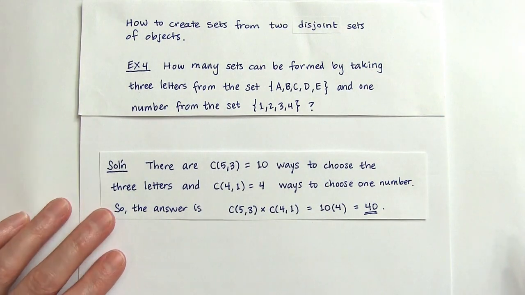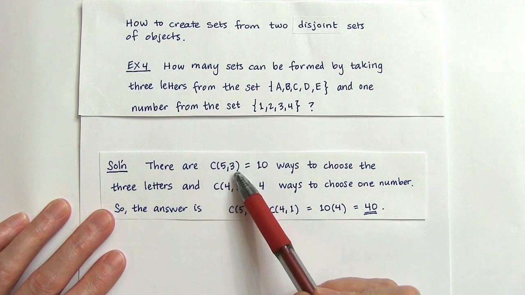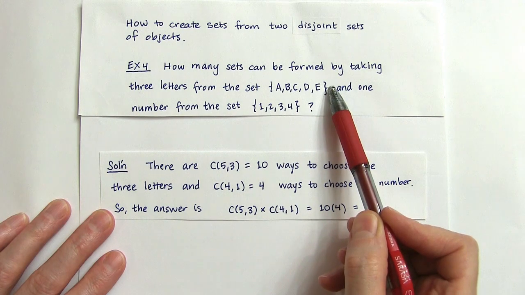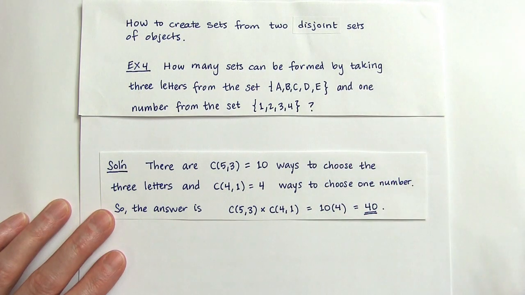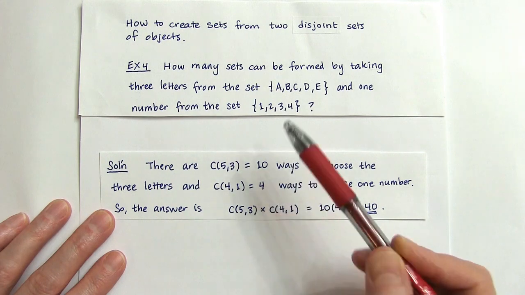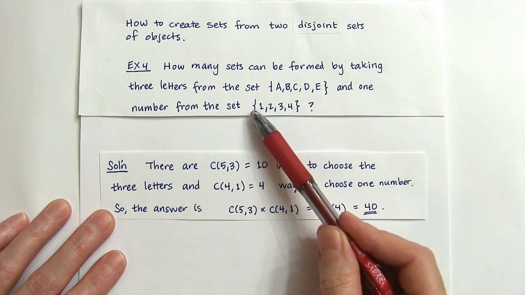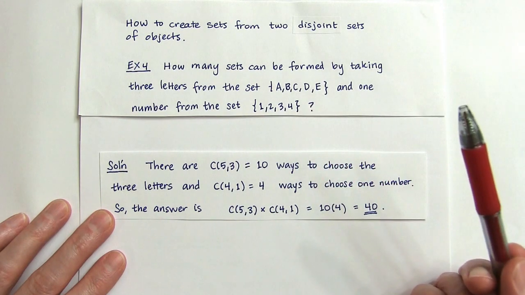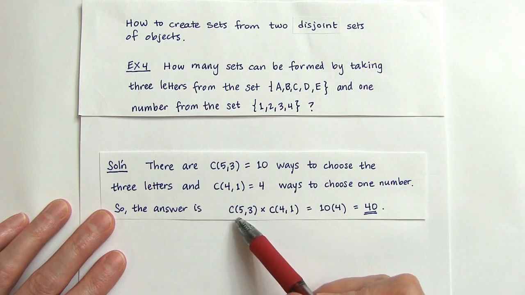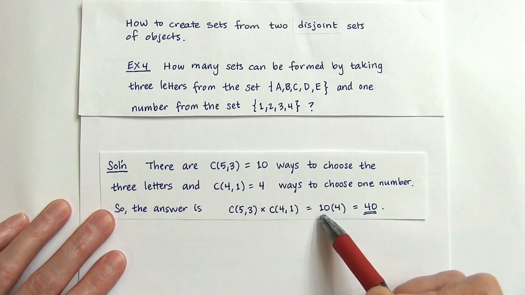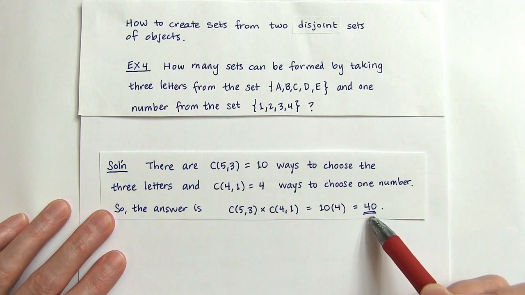Well, there are 5 choose 3 or 10 ways to choose 3 letters from the set of 5 letters, and there are 4 choose 1 or 4 ways to choose 1 number from the set of 4 numbers. So the answers just multiply. So the answer is 5 choose 3 times 4 choose 1, which is 10 times 4, which is 40 sets.